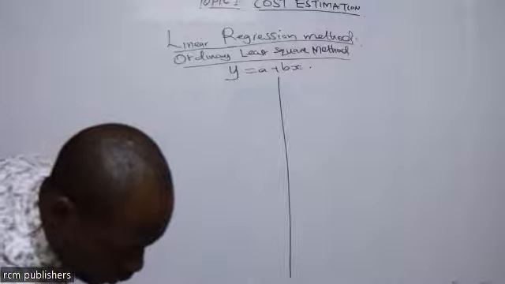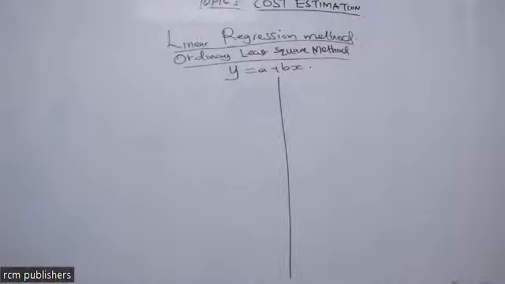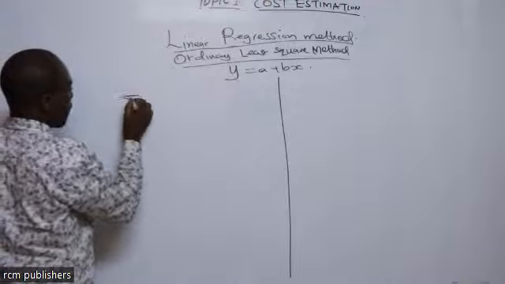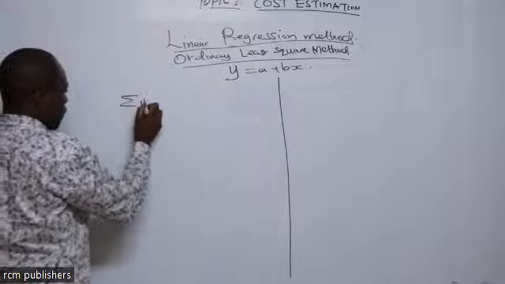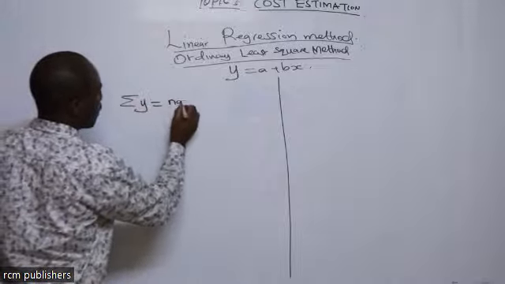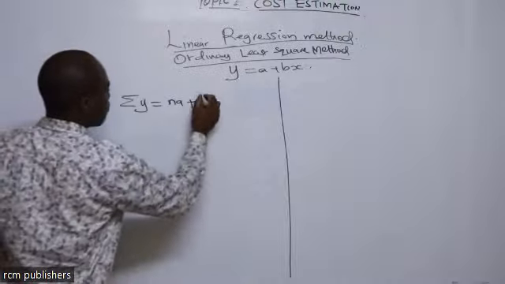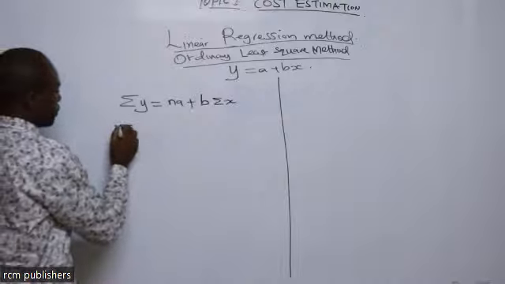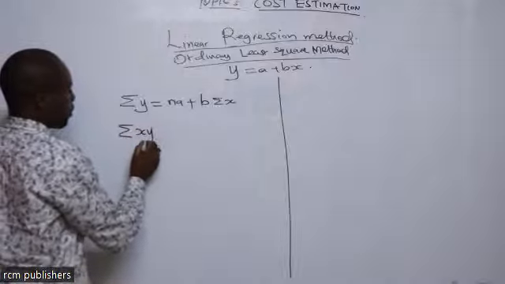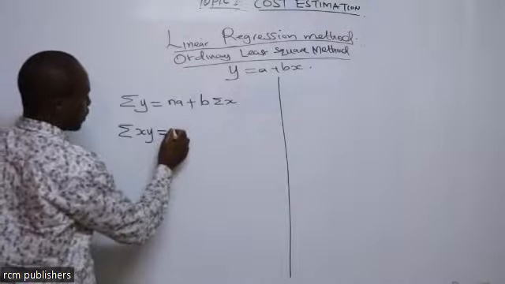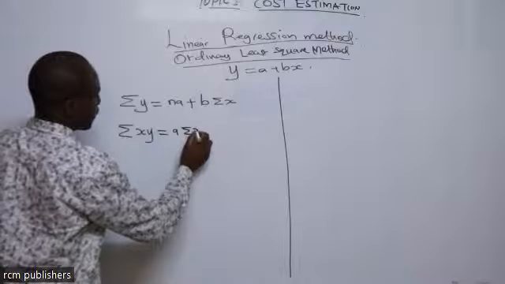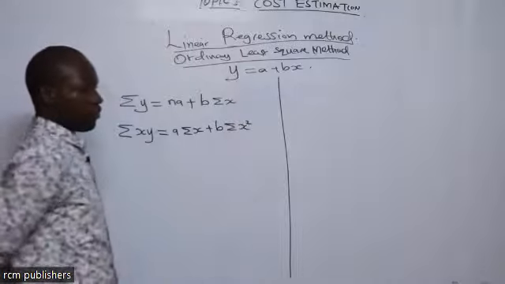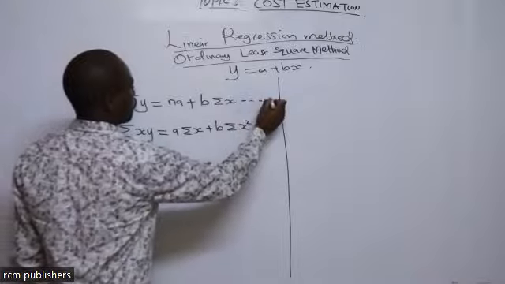So what we basically need to know is, the first function here is summation of Y is equal to NA plus B summation of X. Then summation of XY is equal to A summation of X plus B summation of X squared. We only need to know these two.